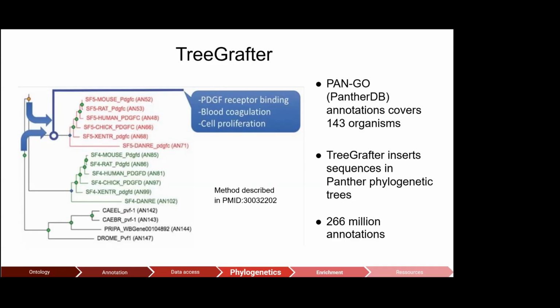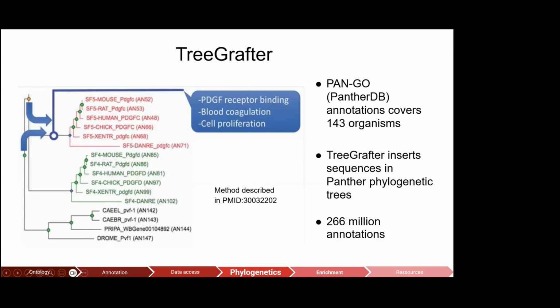But this does not mean that we forget about all the rest. So we have this other project, which is the TreeGrafter project. What is this program doing? In fact, it's taking any other sequence from any other species and it's trying to put it in one of our trees. And when it finds its place, it's propagating all the annotations which have been put upstream, so from ancestors.